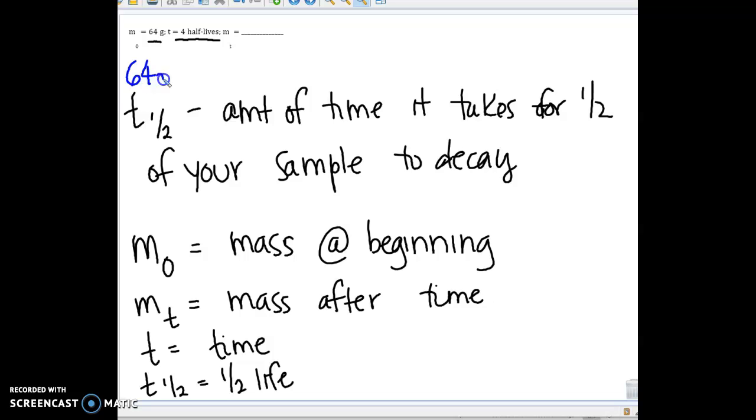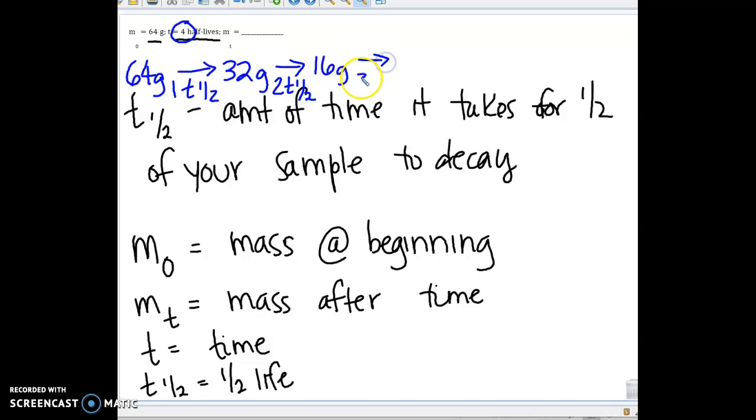So if I start with 64 grams, after 1 half-life, I'm going to have 32 grams left. Remember, because half-life is the amount of time it takes for half of my sample to decay. But I need to get through 4 half-lives. So after my second half-life, I'm going to have 16 grams.